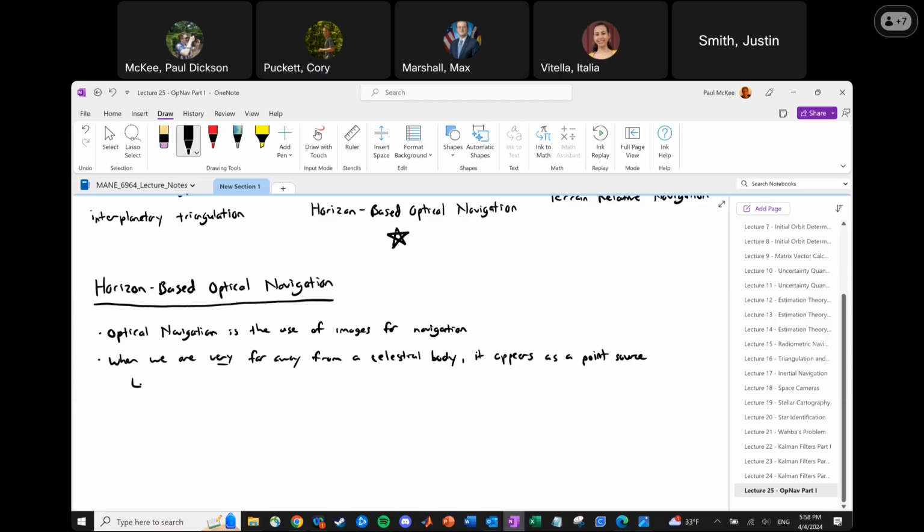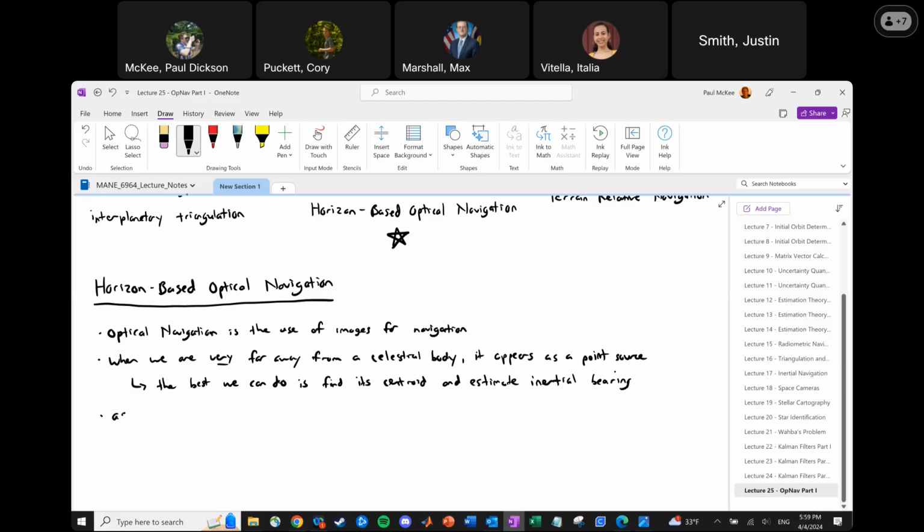In this case, the best we can do is find its centroid and estimate some inertial bearing, the line of sight direction from you to the planet or moon in the inertial frame or in the global frame. If you have multiple of those and you know where the thing is, you can triangulate your position, but we're going to leave that out for now.